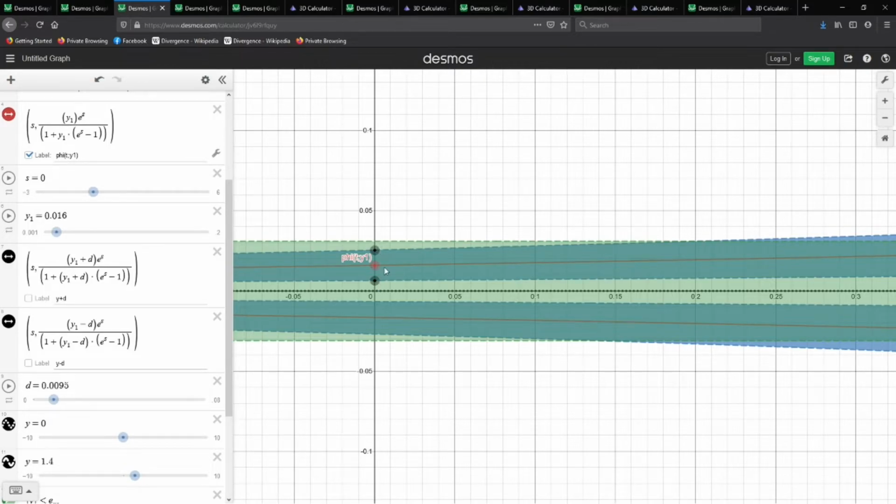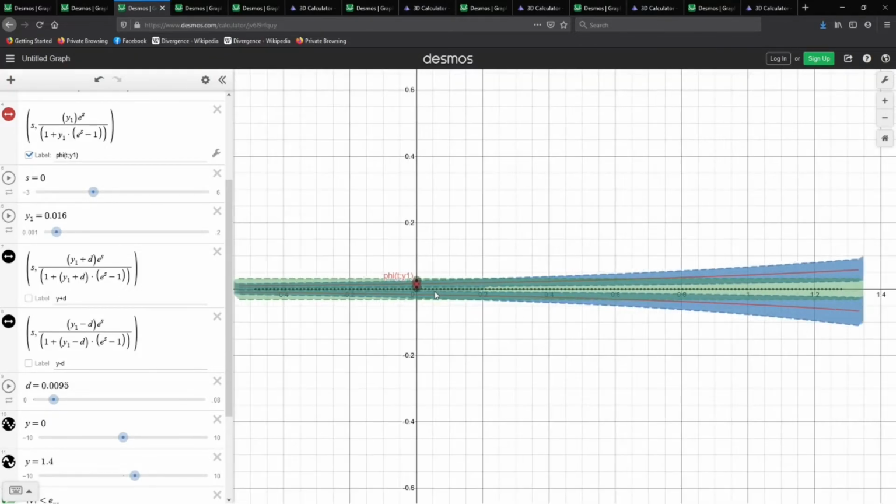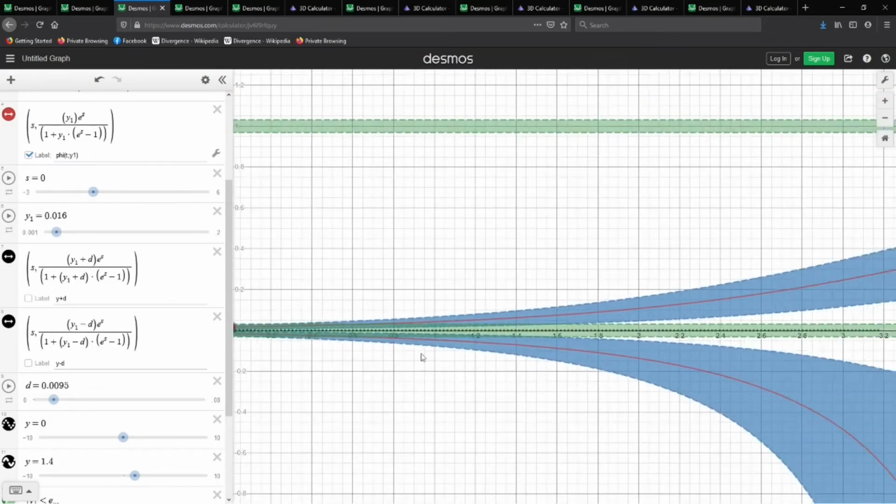For any collection of solutions with an initial condition in this region, this is going to eventually escape the epsilon region for y naught.